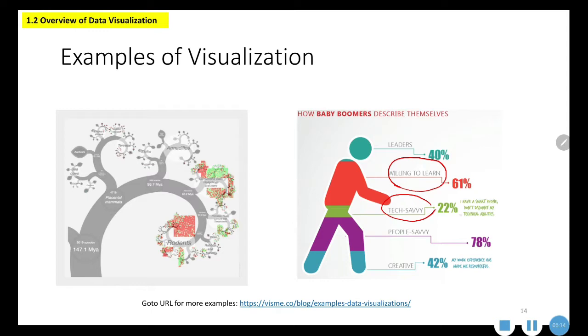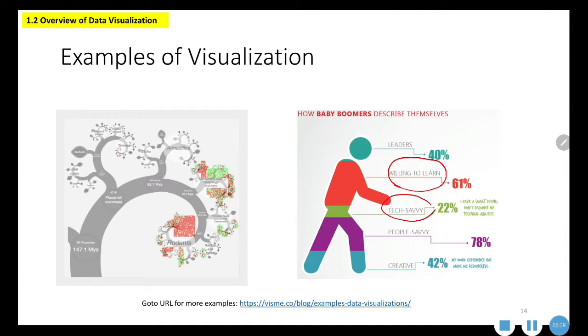So they are not really technology savvy. That's why it's about 22% of them, who are still living until the era of the internet. As compared to now, Gen Y and Z, and the millennial generation, they are of course, I think, the highest percentage of technology savvy.